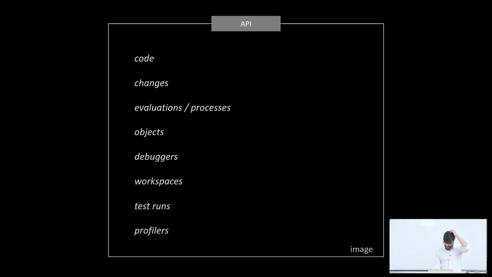So anyway, the API, I will try to go fast over this list. These are categories or groups of endpoints. So for instance, to retrieve code, there are a bunch of endpoints. Remember, I started playing with React, then implementing an API, and then iterating and adding more endpoints.